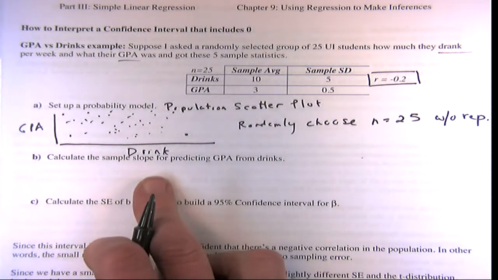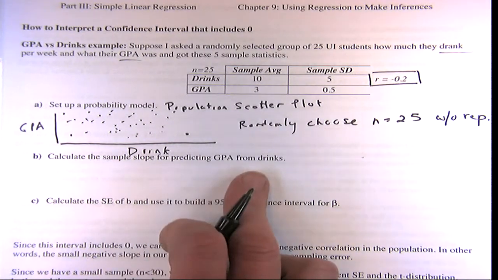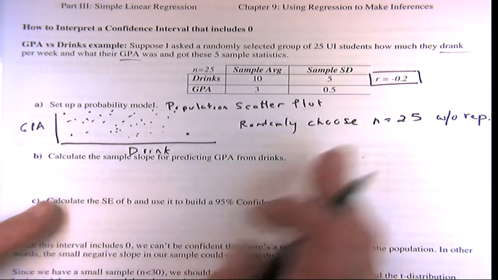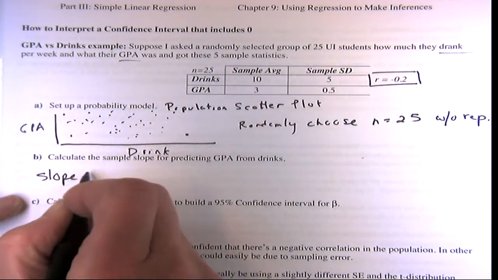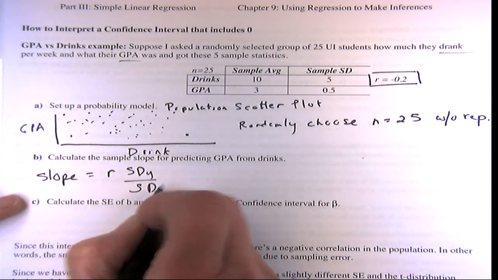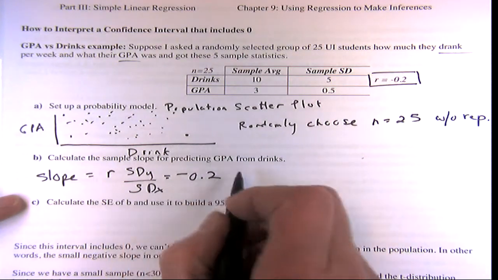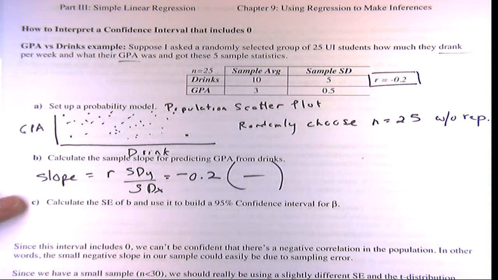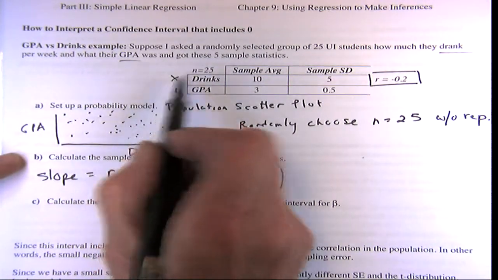All right, now from here, we're going to calculate the sample slope for predicting GPA from drinks. Well, remember what the sample slope is. The slope is R times the SDY over SDX. So in this case, R is negative 0.2 times the ratio of the standard deviations here. And Y is always what we're trying to predict.